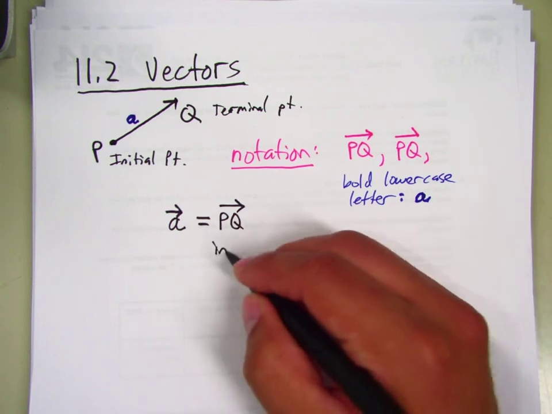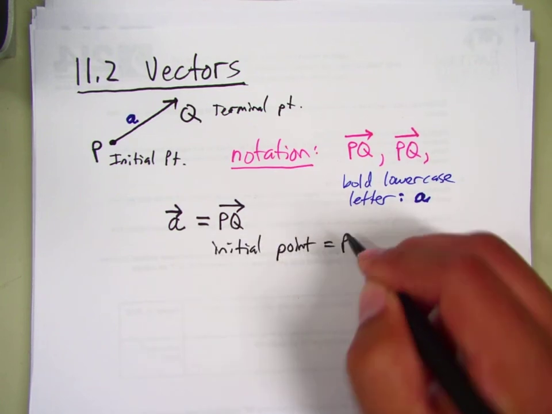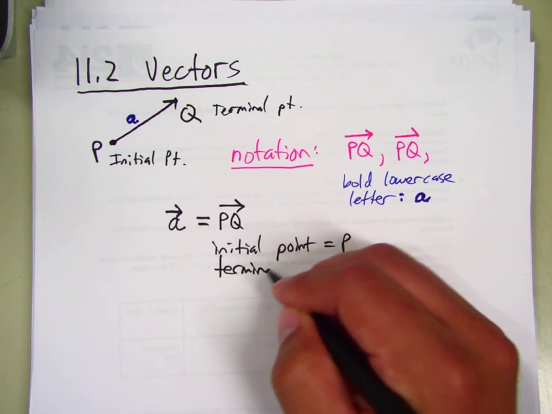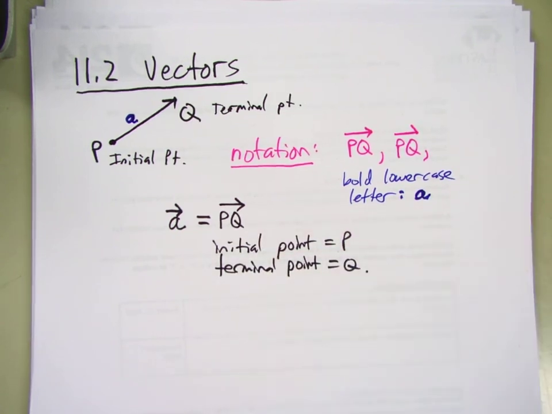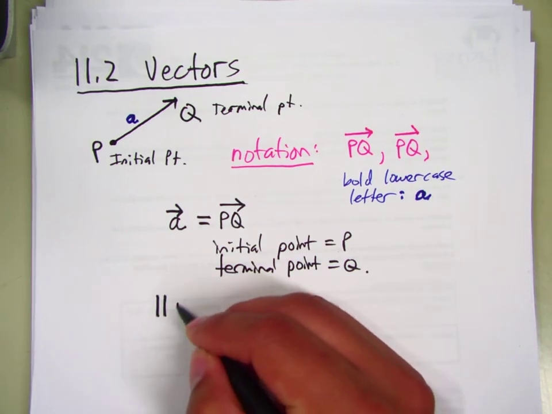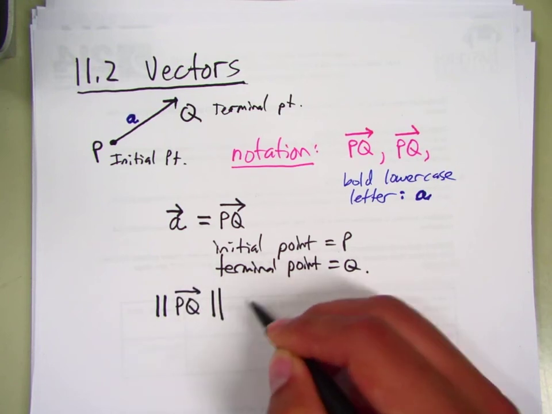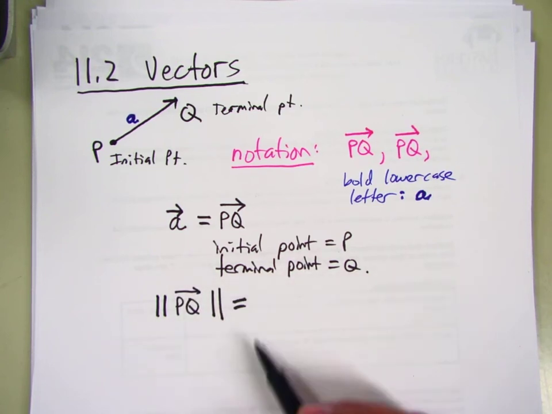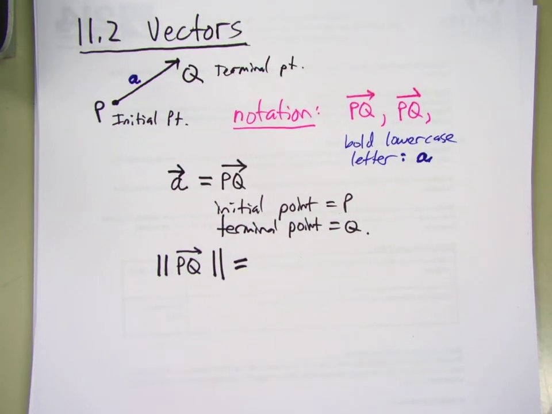And we need to know that the initial point is P and the terminal point, the ending point, is Q. Okay. This notation, you guys seen this before? Okay.